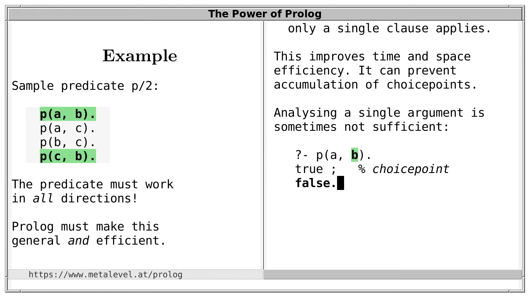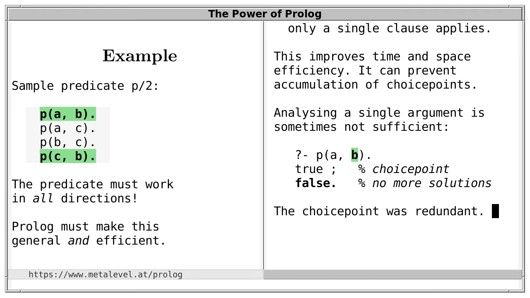And when we press space, then the system tells us false. This means that there are no further solutions. And this in turn means that the choice point was redundant, because the alternative clause that was considered on backtracking turned out to not apply after all.